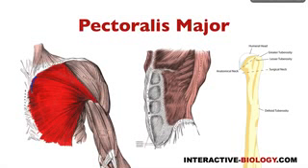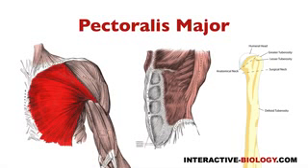So that's the sternocostal portion here, and the clavicular portion, let's do that in green. So that's the clavicular portion. Let me finish it off in green, and then in blue here we have the sternocostal portion, and you can kind of see a separation in between. If I remove that, you can see that separation here.